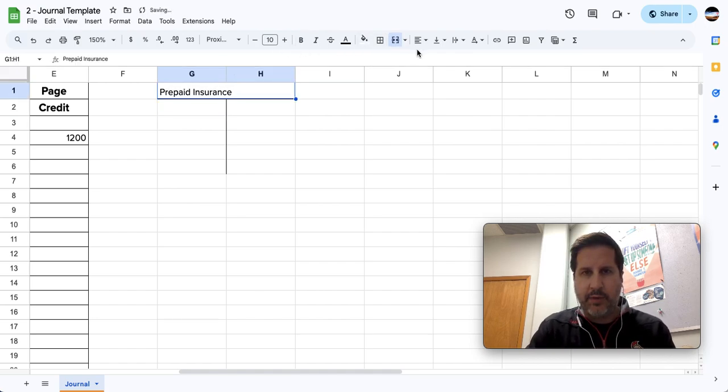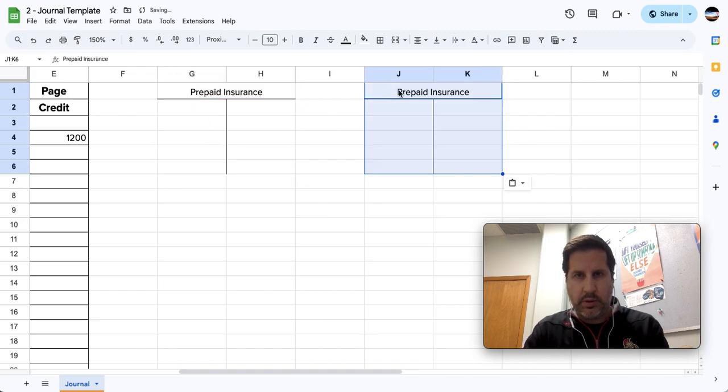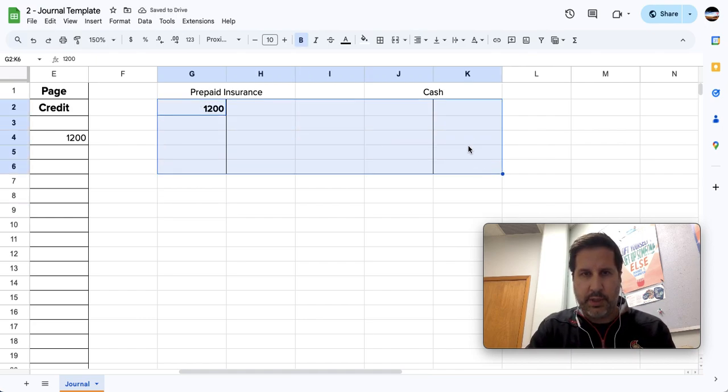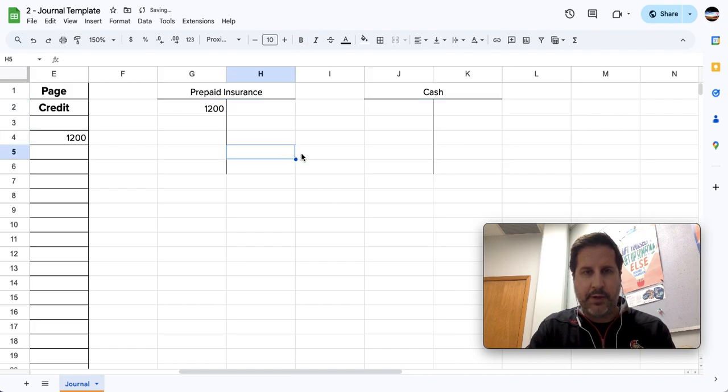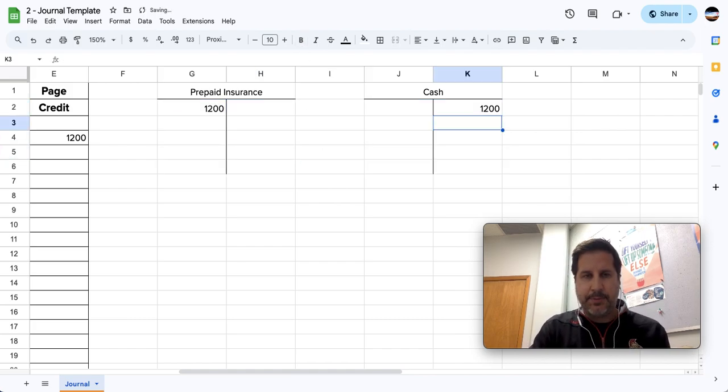And then I'll add a few accounts as we go so that we can see. And let's do cash as well. So I have $1,200. For some reason, everything's bolded here, so I'll just take the bolds out. $1,200 in prepaid insurance, and I paid $1,200 in cash.